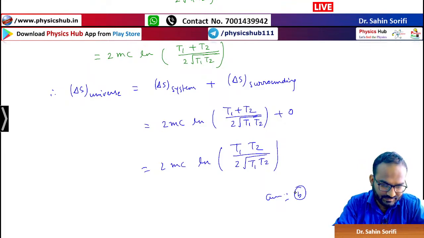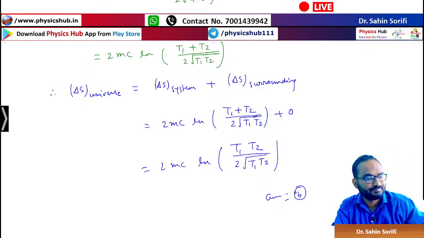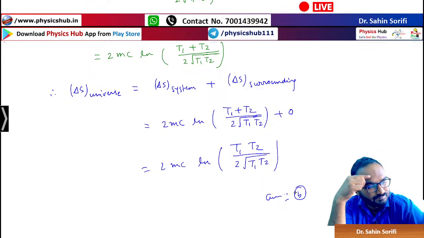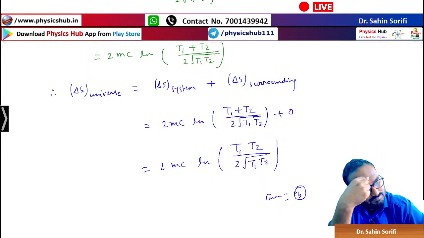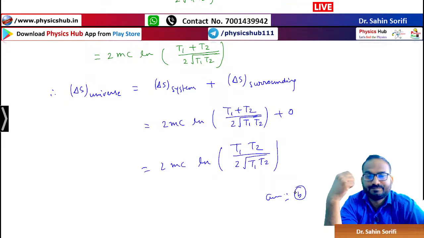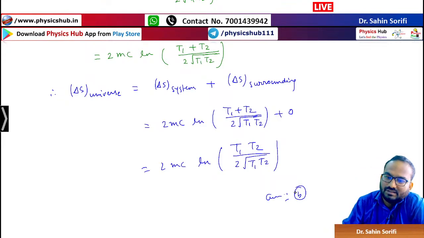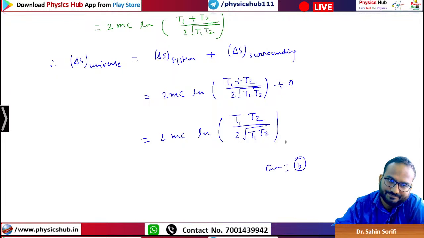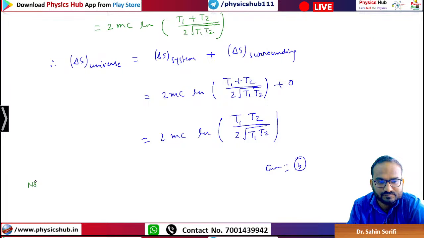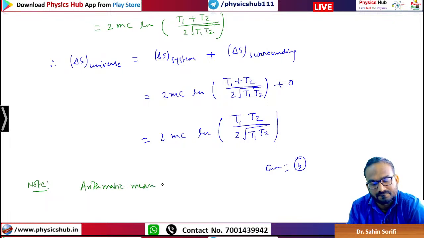Okay. Is it all clear, guys? Now, is this thing positive or negative? You know, if you talk about arithmetic mean, it is greater than geometric mean.